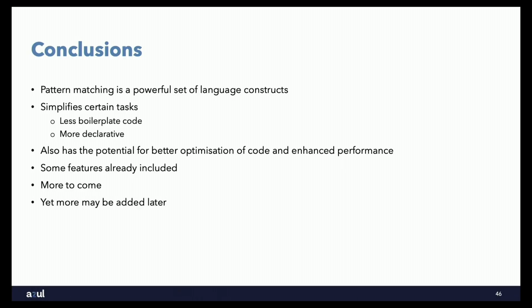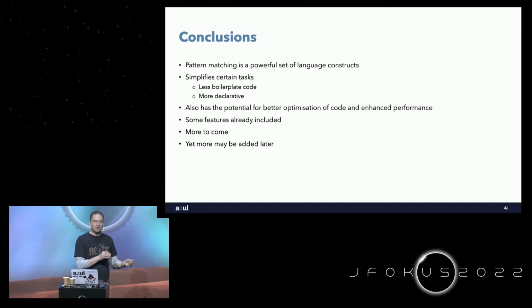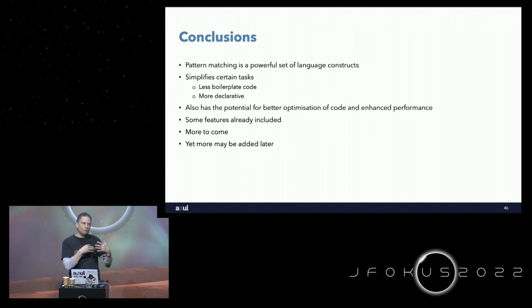So just to summarize then, pattern matching, I think, is a powerful set of language features, language constructs. It's definitely there to simplify a number of tasks that we have. A lot of what Project Amber is doing is simplifying things and eliminating a lot of the boilerplate code that we have. More declarative, more understanding exactly what's going on there.